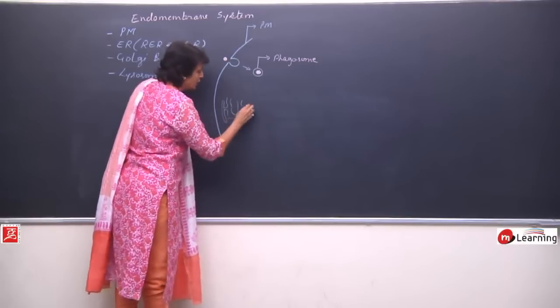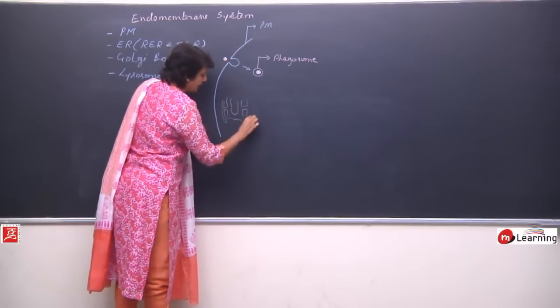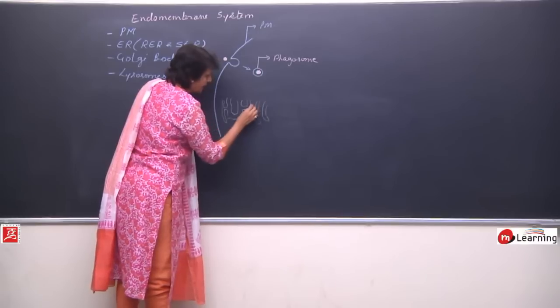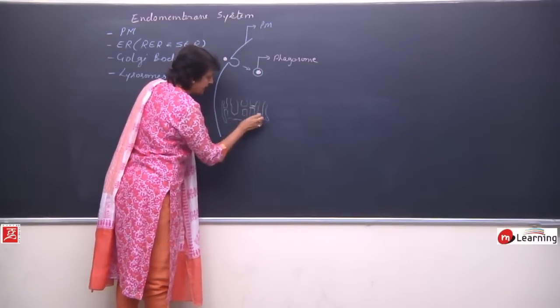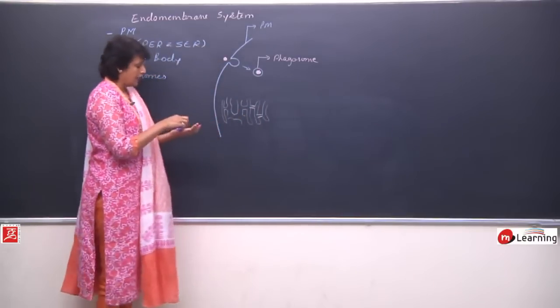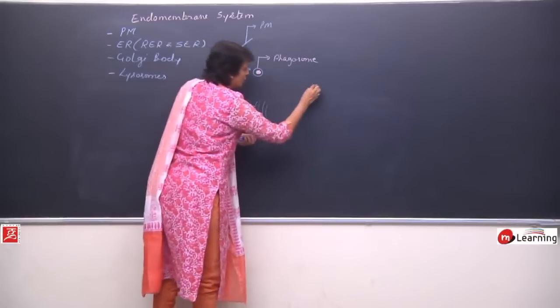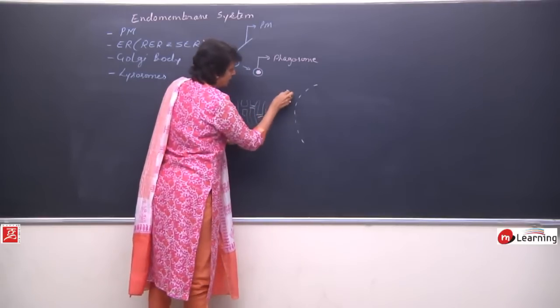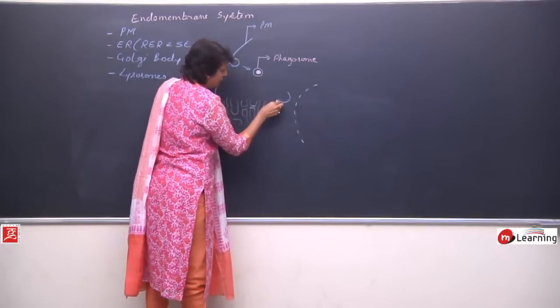As we move towards the nucleus, we get these cisternae, and these cisternae are interconnected. Coming closer to the nucleus, we have the Golgi complex. So here is the Golgi body.